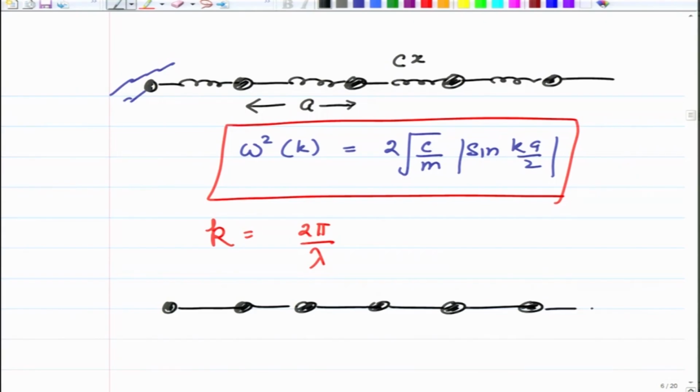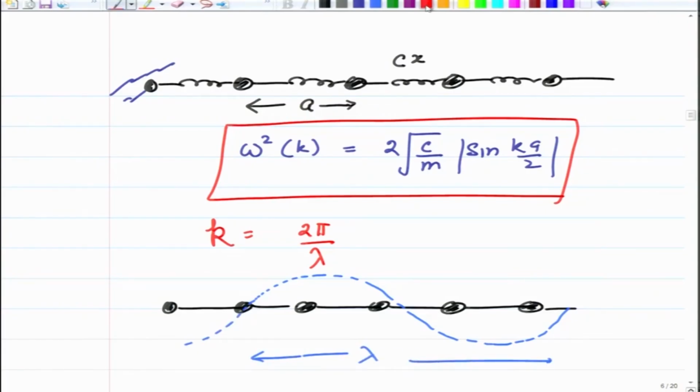And if I give it a displacement, and the displacement is such that it has a wavelength lambda, that means the displacement would go something like this, this distance being lambda.